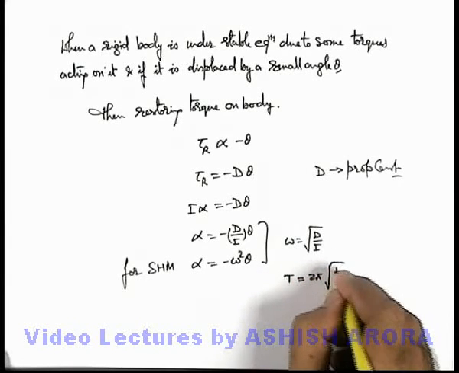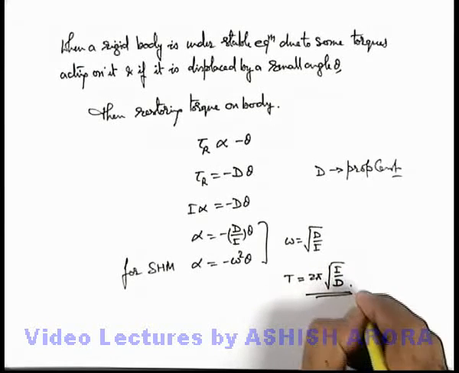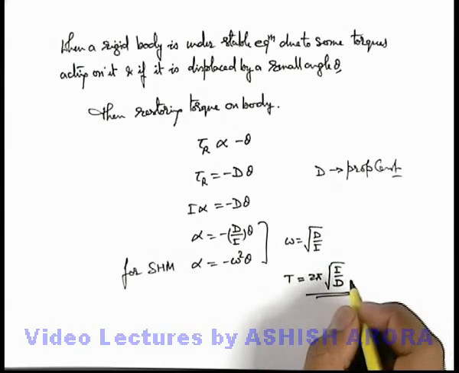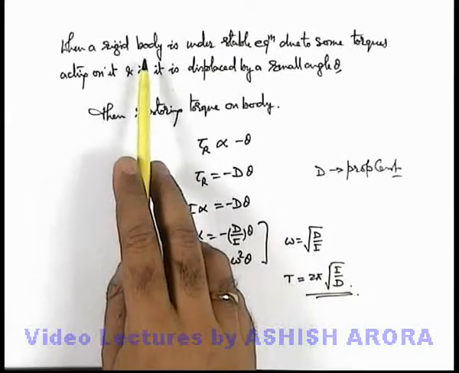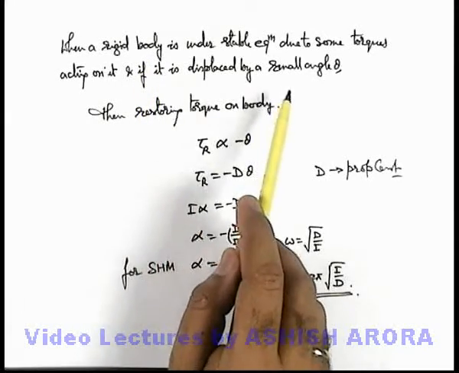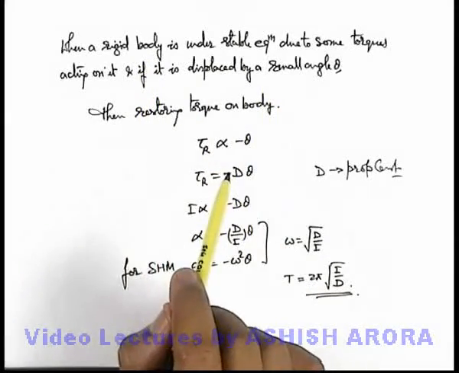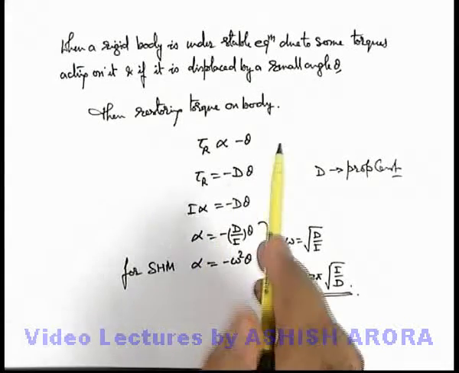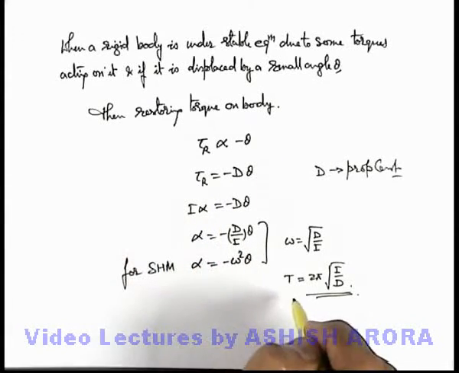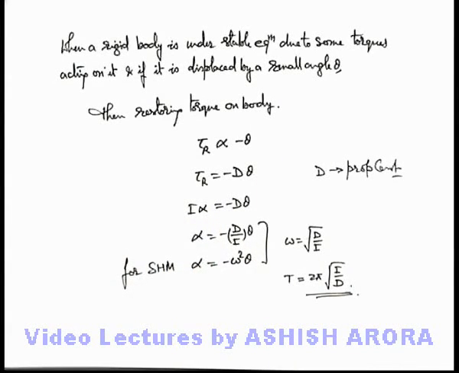It is 2 pi root of I by D. This is the way how we analyze the time period of a rigid body pivoted about the axis and it is under a stable equilibrium of some torques. Then the analysis is quite similar which we have followed for the translatory motion.